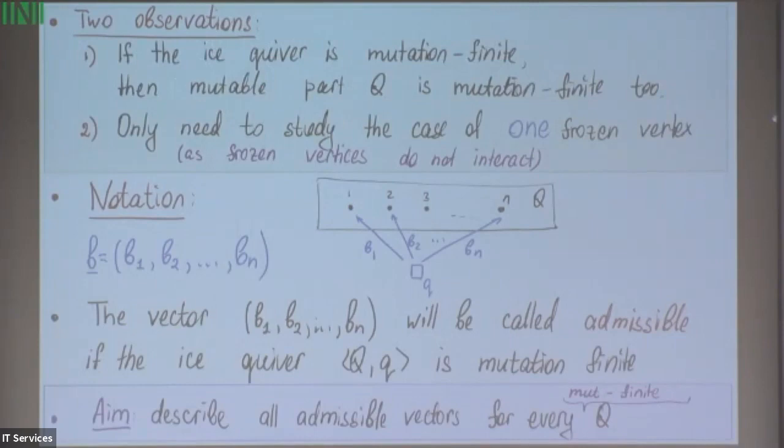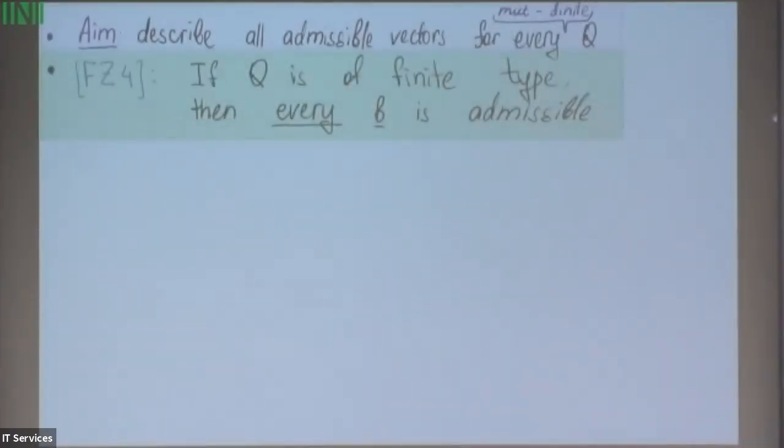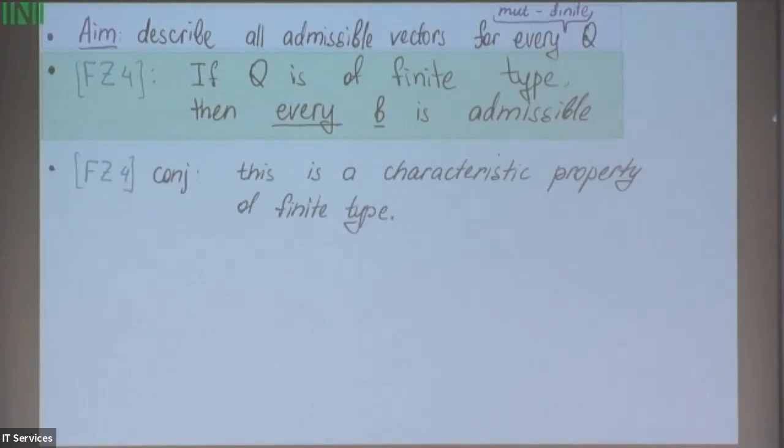This is my aim, and I need to say that the first step in this direction was done by Fomin and Zelevinsky in Cluster Algebras IV, because if the quiver is of finite type, then you can add any coefficient, so you can take any vector and it will be admissible. They also observed and conjectured that this only happens in the finite type.